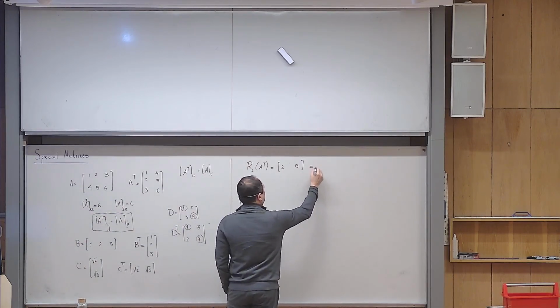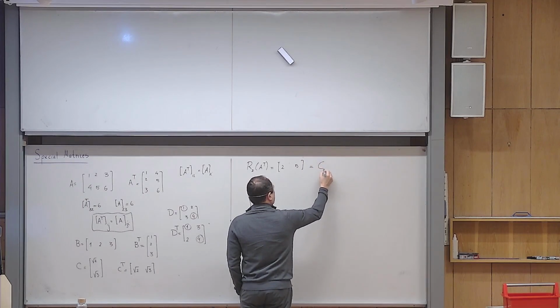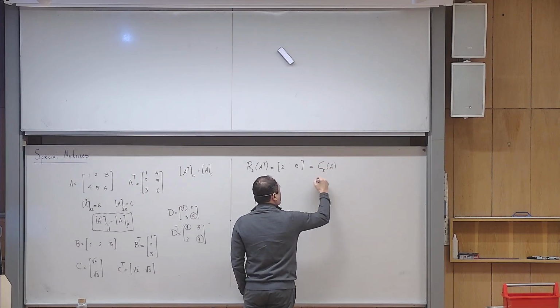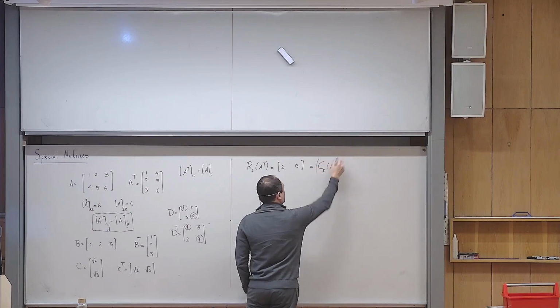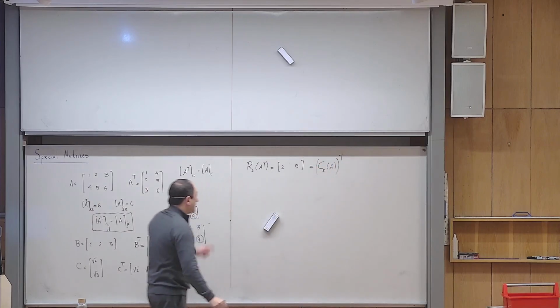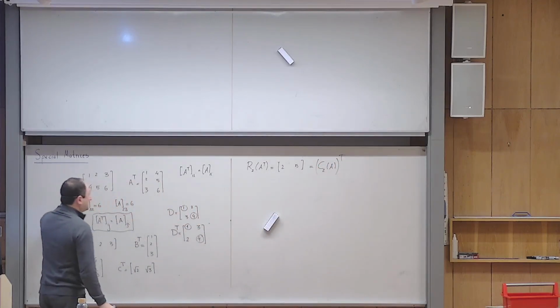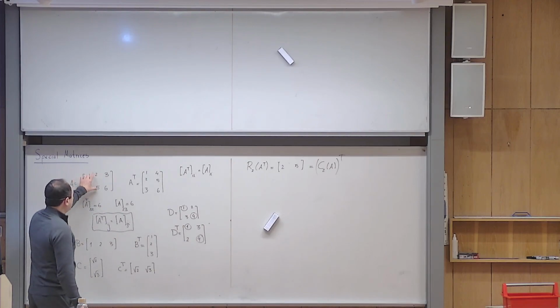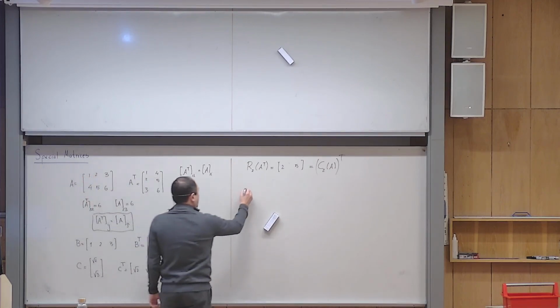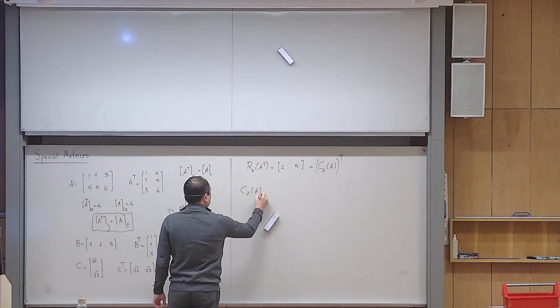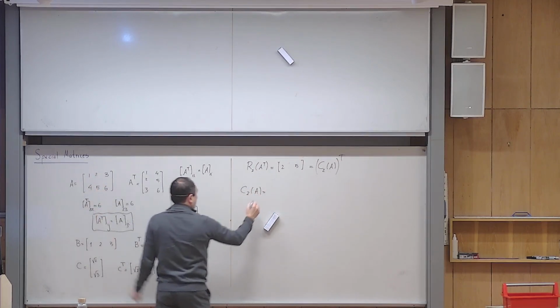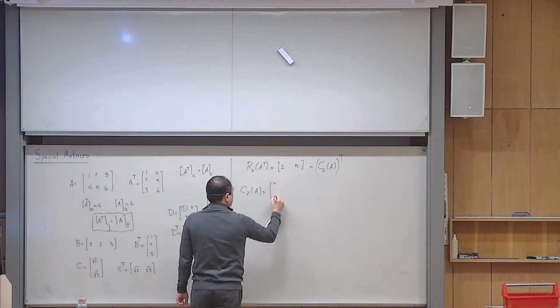The ith column of A, so the second column of A, but transposed, yes? Because if I ask you what is the second column of A, you will find 2 and 5 in a column.